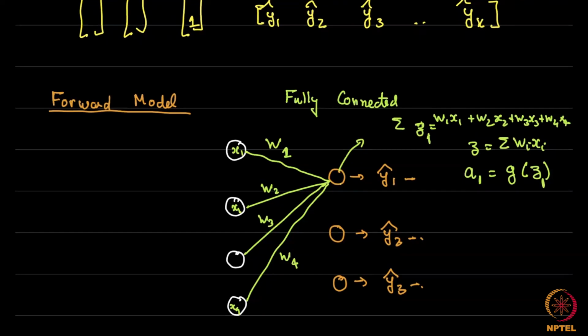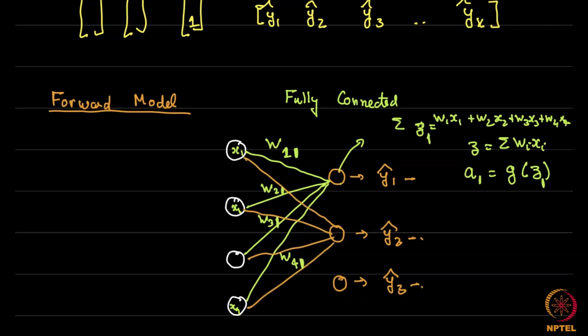Now, what about the second case? In the second case, I join these. Now, here is a problem. If I call this W1, W2, W3, W4, I'll have confusion between which W1, W2, W3, W4 it is. So I will call this W11, W21, W31, W41. I'm going to change the notation within the next week.